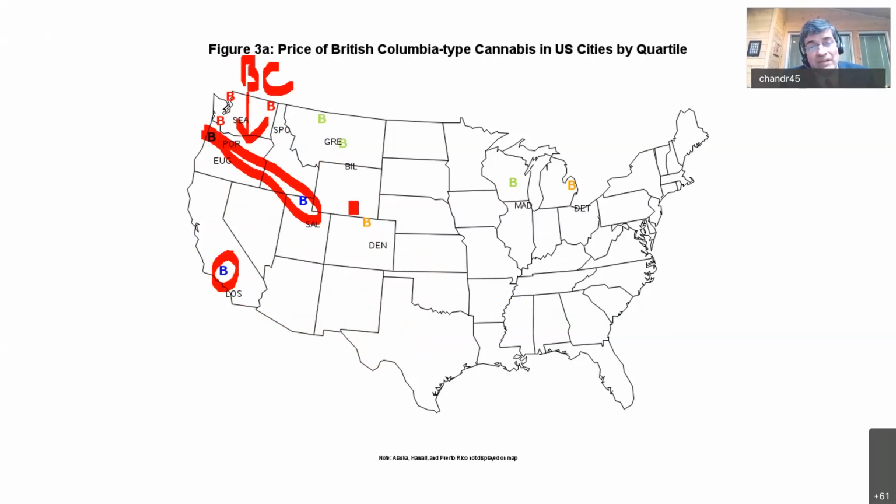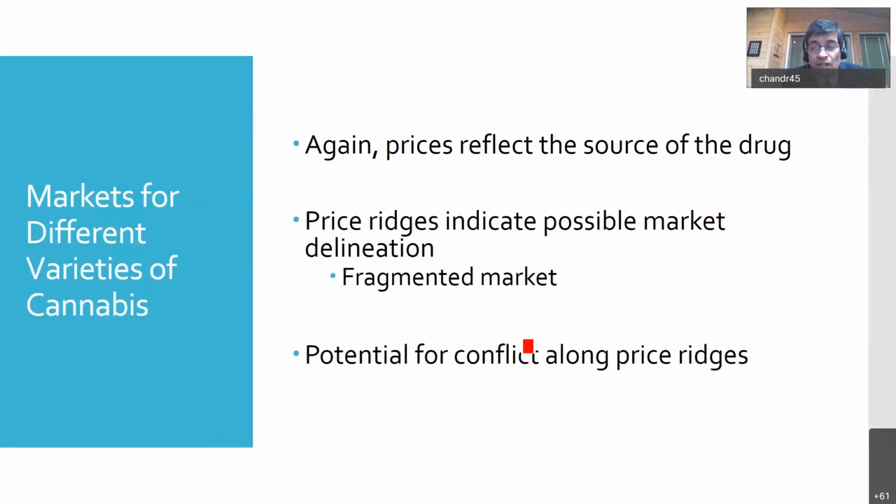But you do see some evidence that we might be dealing with a ridge in the periphery of the Pacific Northwest. Okay, so you probably have BC cannabis running up against Mexican cannabis in cities along these ridges, and that has all kinds of implications for potential conflict, turf wars, the kinds of phenomena that we often see in relation to other drugs that are trafficked into and in the United States.